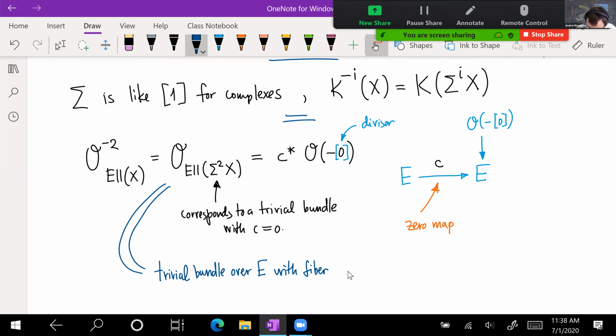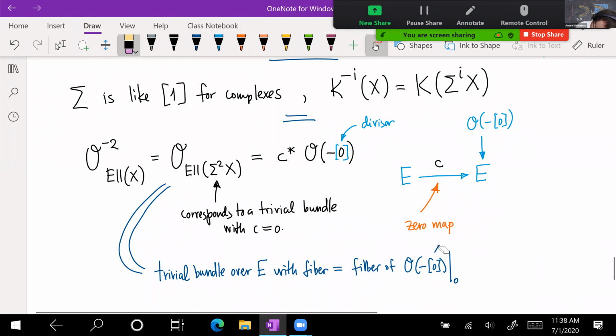Which is equal to the fiber of minus 0 at 0. Okay, so what are these? These are functions.